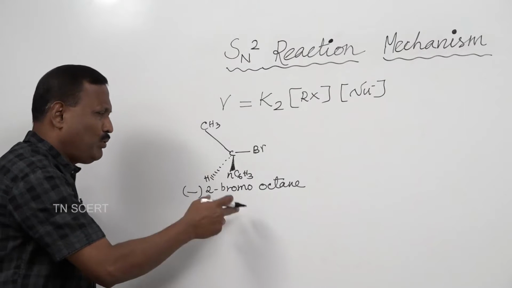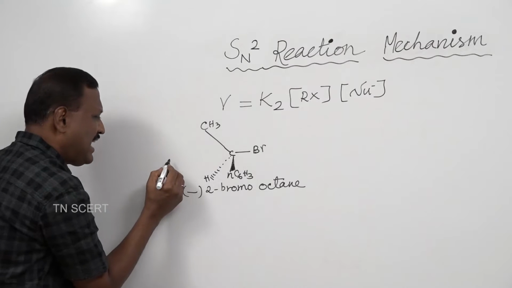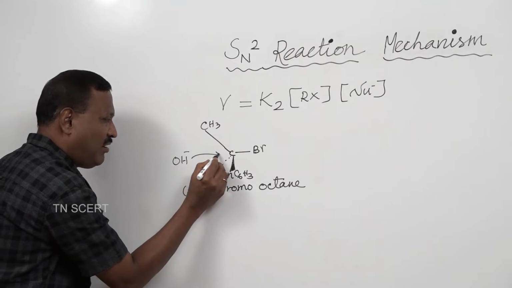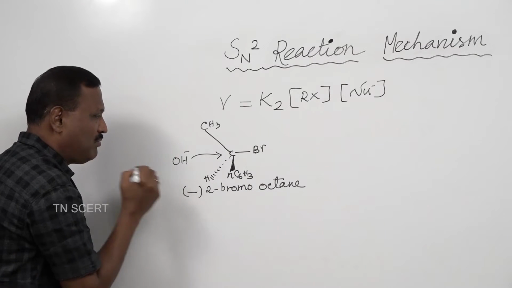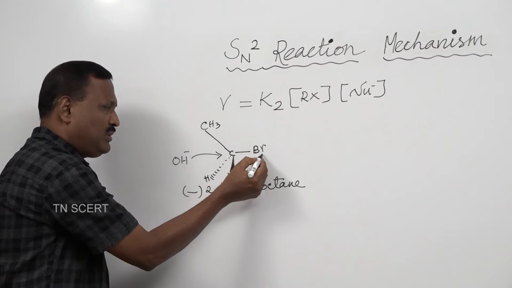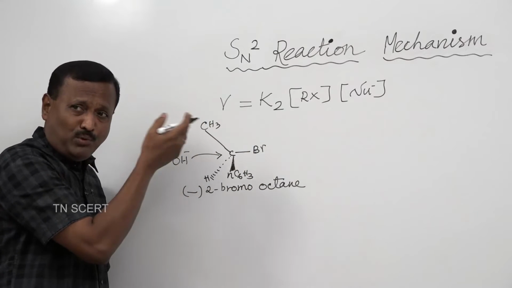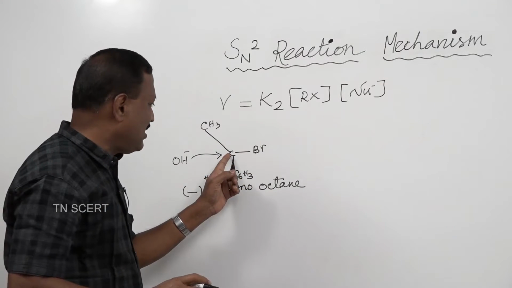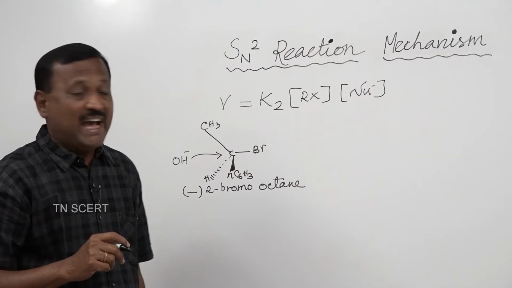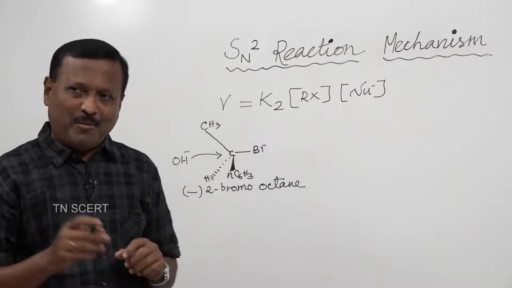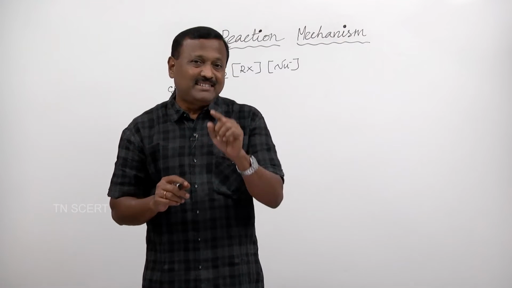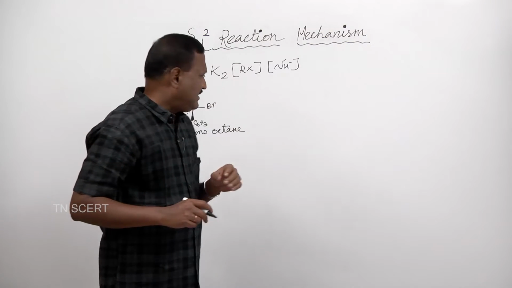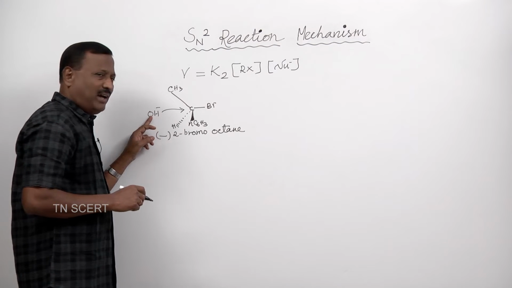So, this minus 2-bromo octane, when attacked by the nucleophile OH minus, will be attacked from the backside. Straight opposite to this bromo, this hydroxy minus group attacks the central carbon, that is asymmetric. Actually, this compound is optically active and the central carbon is an asymmetric carbon. So, this asymmetric carbon is attacked by this nucleophile.